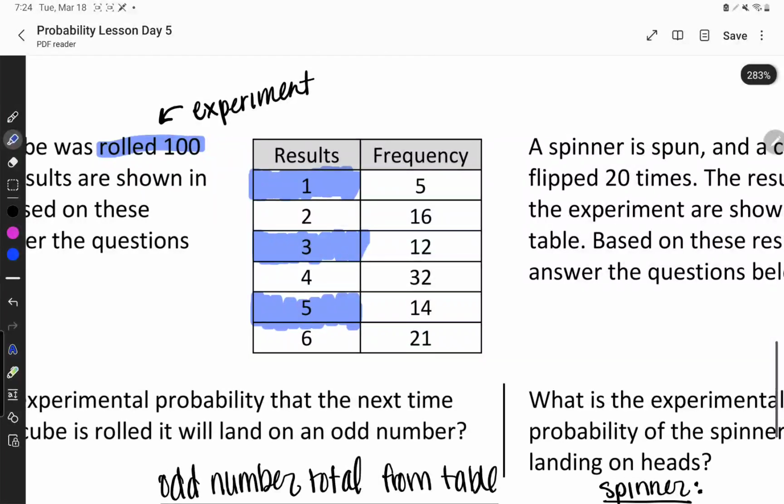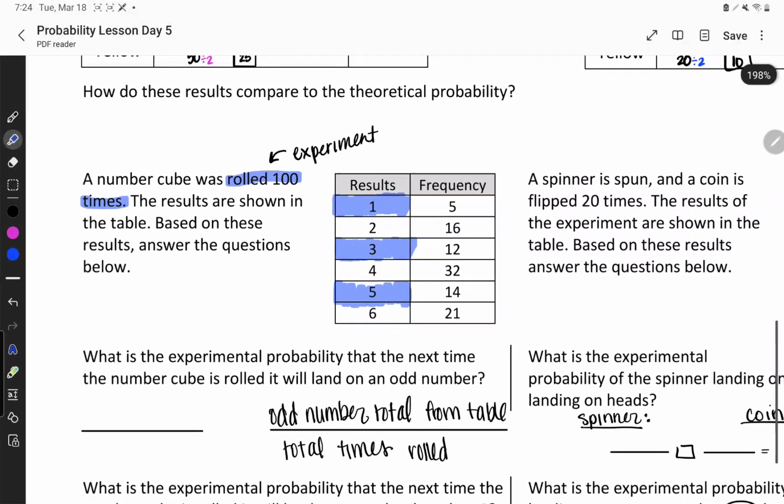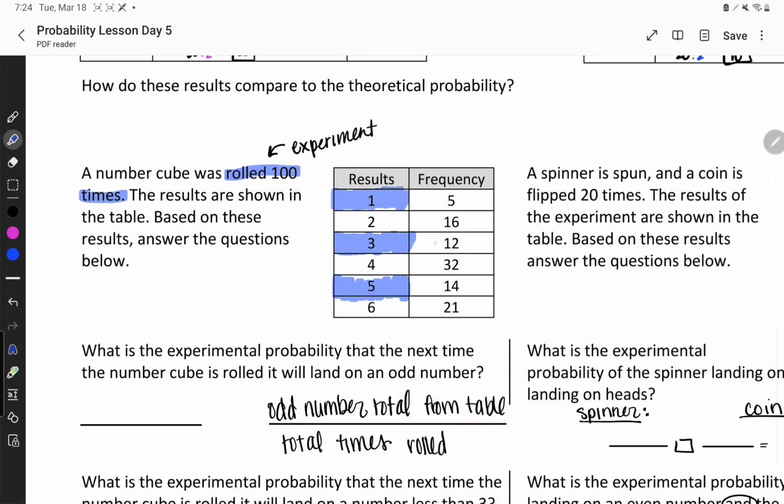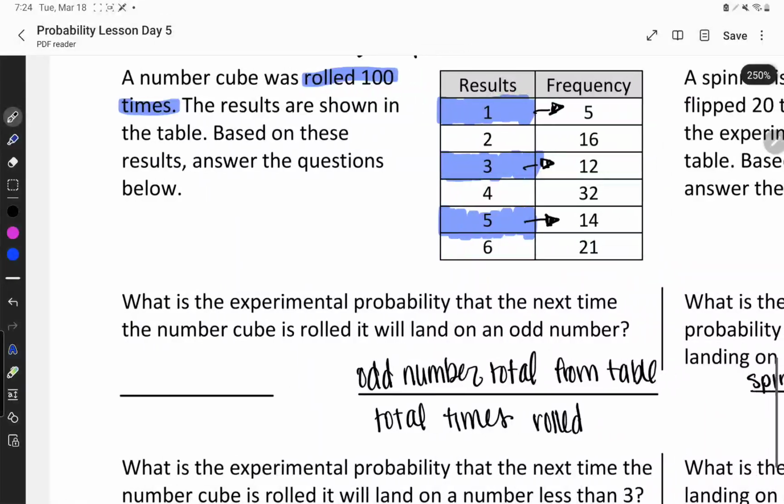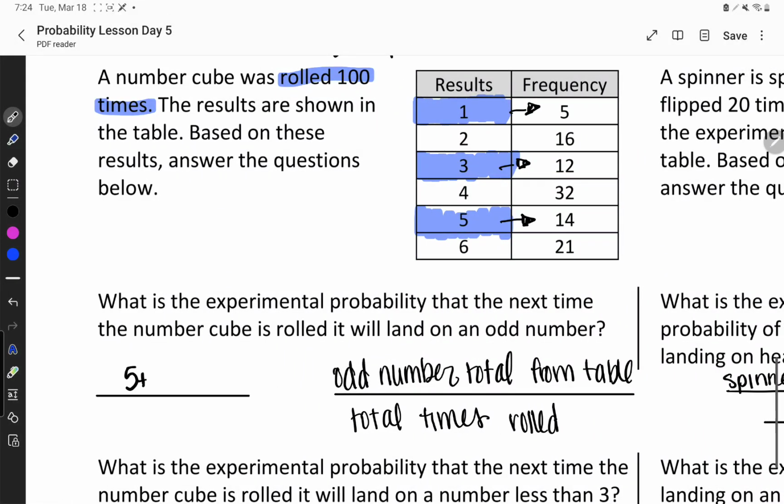Now, on a dice, yes, the number 1 only occurs 1 time. But when we actually went through and we rolled it, we got 1 5 times. We got 3 12 times. We got 5 14 times. So the way that I figure out the probability is I go through and I say, okay, so I got 1 5 times, plus 3 12 times, plus 5 14 times.